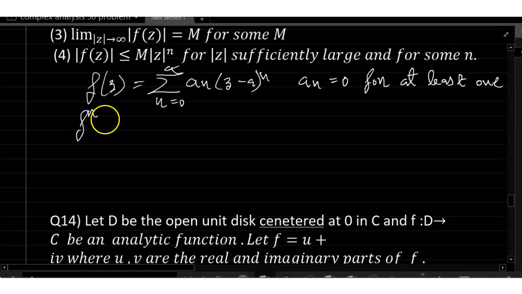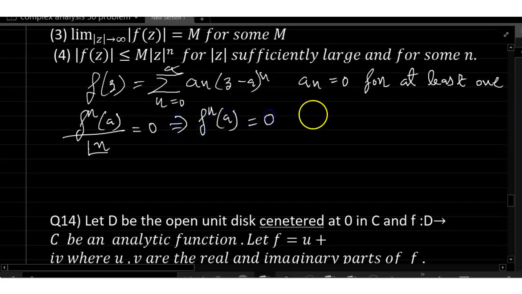If f^(n)(a) divided by n factorial equals 0, that implies a_{n+1} equals 0 for all n.